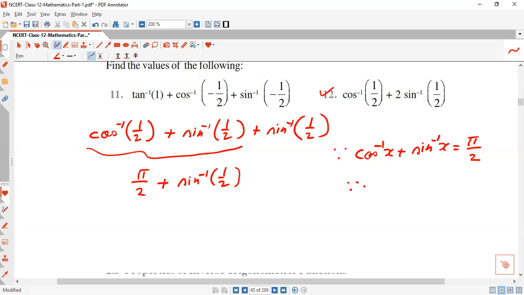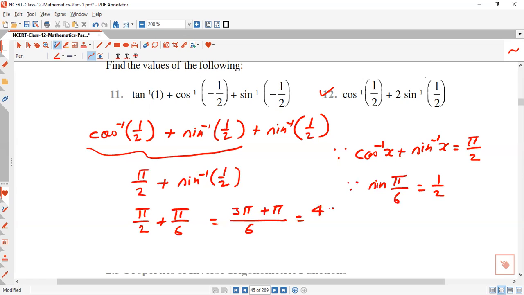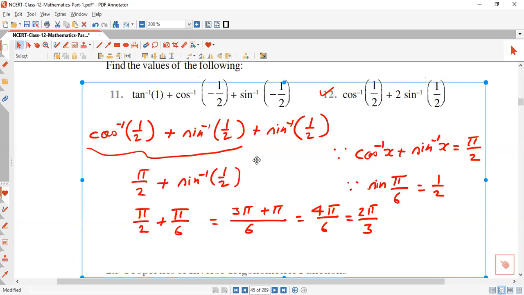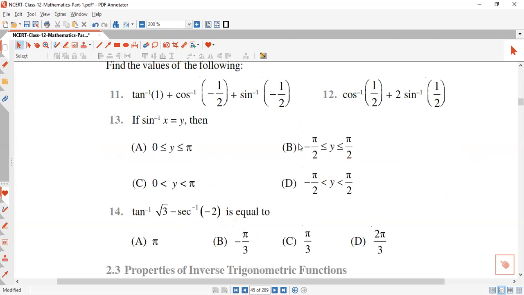Since you know very well, the half value comes out for sine pi by 6. Sine pi by 6 is half, and so pi by 2 plus pi by 6. Take LCM 6, what are we getting? 3 pi and this one pi. So we are getting 4 pi divided by 6. It comes out to 2 pi by 3. So 2 pi by 3 will be the value of this trigonometric expression, you can say.